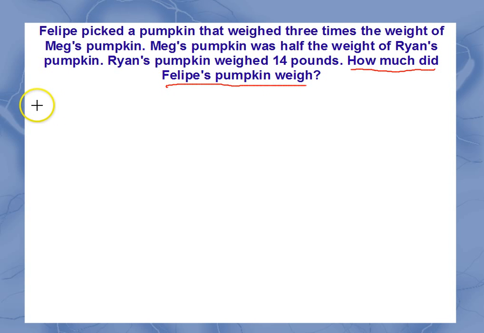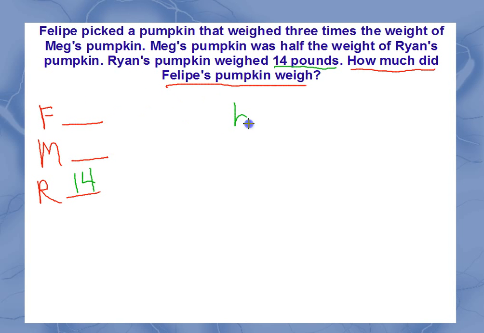Okay, so we have 3 people, Philippe, Meg, and Ryan. All right, working backwards. Ryan's pumpkin weighed 14 pounds. Well, it just gives us Ryan's weight right off the bat. Meg's pumpkin was half the weight of Ryan's pumpkin.